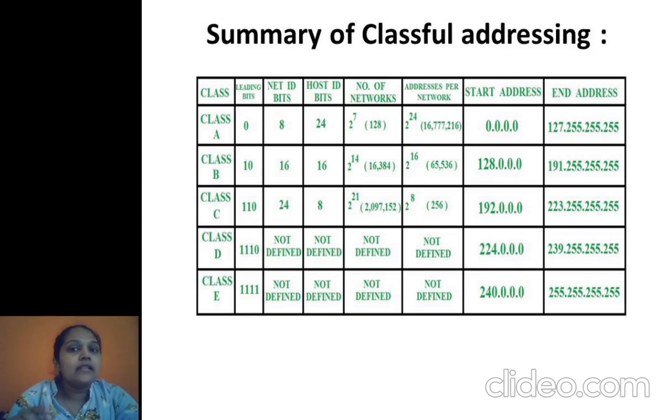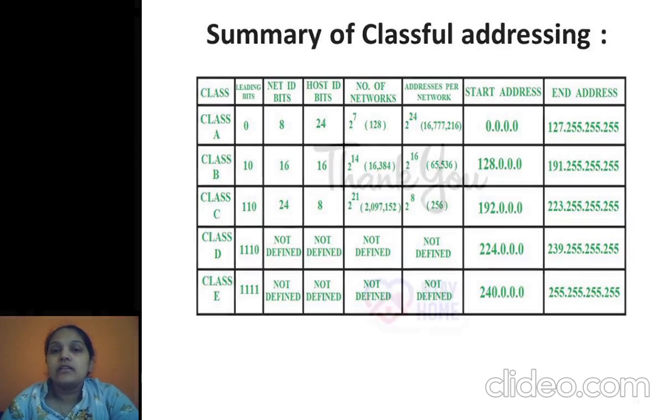Class C starts with 192 and ends with 223. Class D starts with 224 and ends with 239, and class E starts with 240 and ends with 255. So within the 255 addresses, this classification is done for classful addressing.